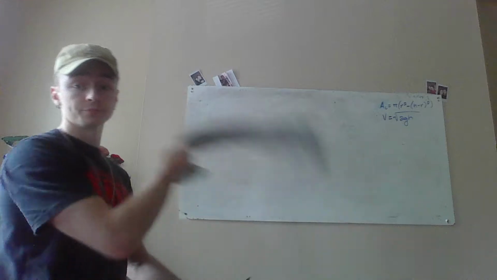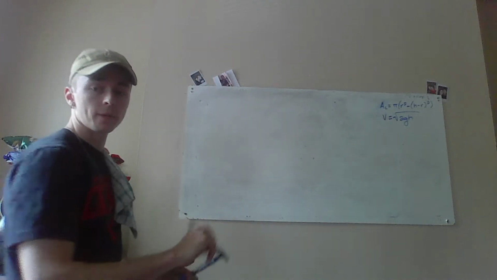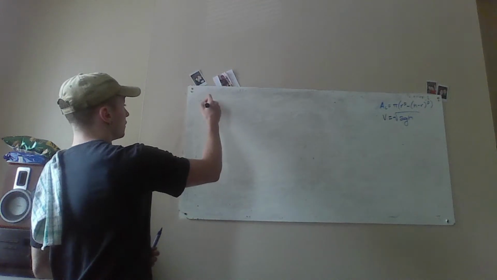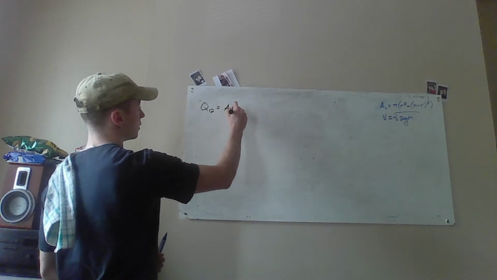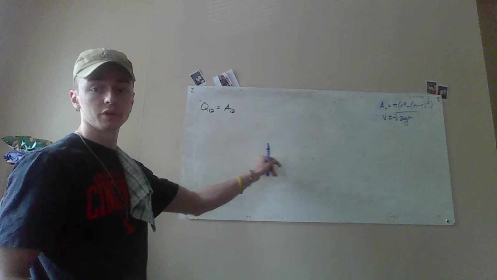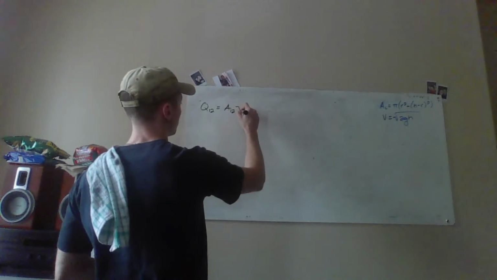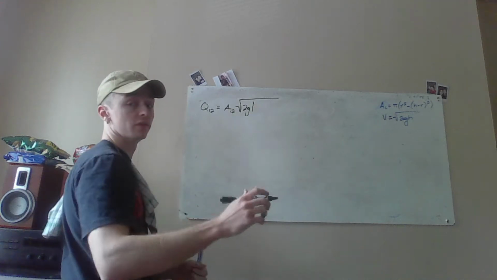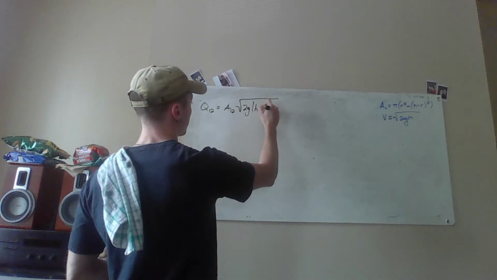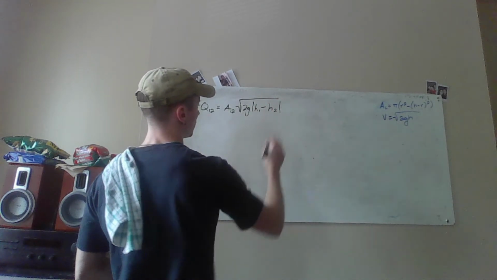So from here, we can say that flow from tanks 1 and 2 is equal to the area of the pipe that connects the two times the square root of 2 times acceleration due to gravity, times the absolute value of the height of tank 1 minus the height of tank 2.